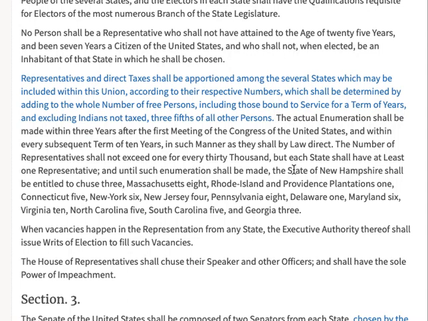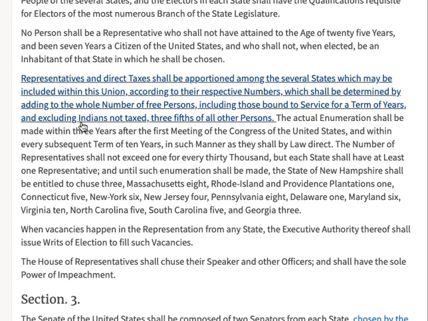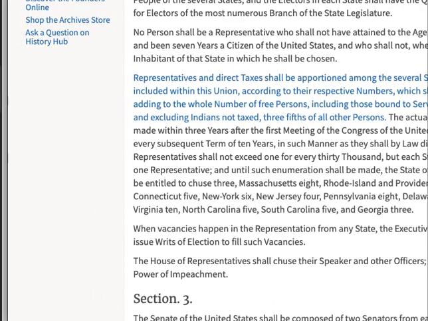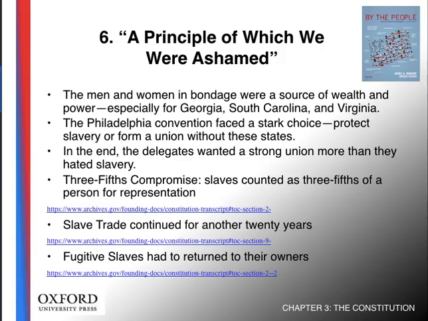So that would be people who are working, maybe even prisoners at the time, and excluding Indians not taxed, and 3/5 of all other persons. So they basically called slaves all other persons.